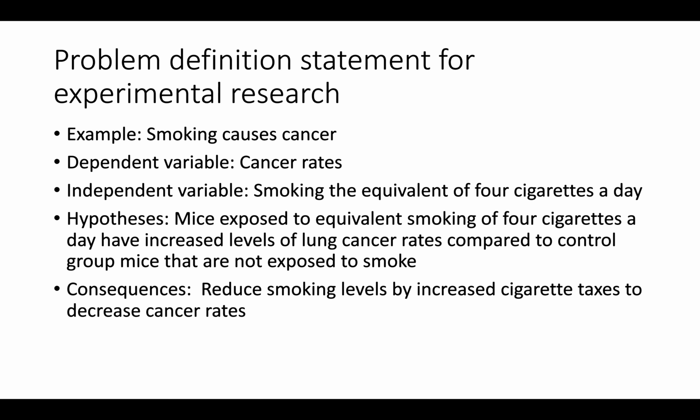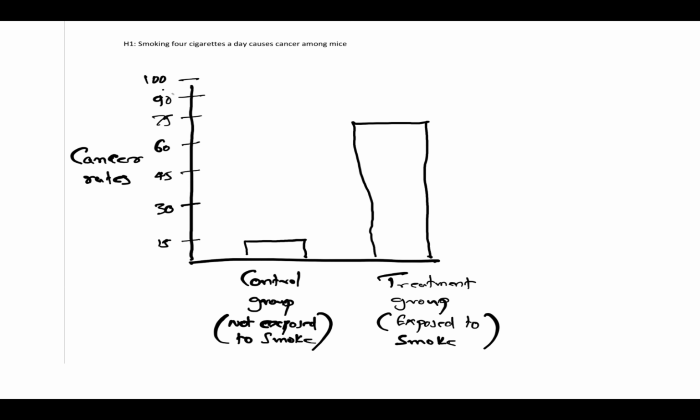So if the hypothesis is proved to be correct, then it shows that smoking causes cancer, which is obvious. I'm just using this as an example. So this study proves that smoking causes cancer, and by controlling smoking, we can control the level of cancer rates.